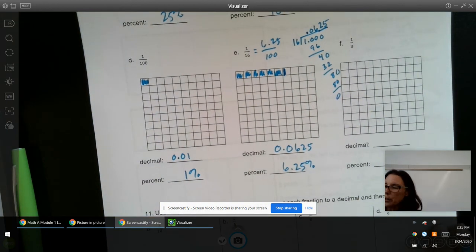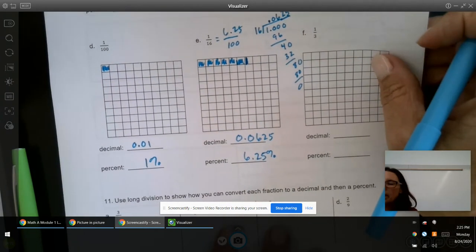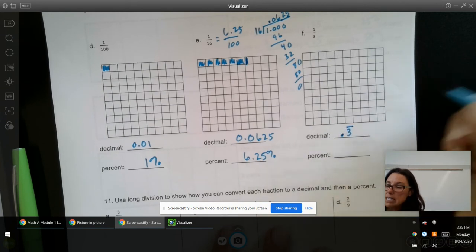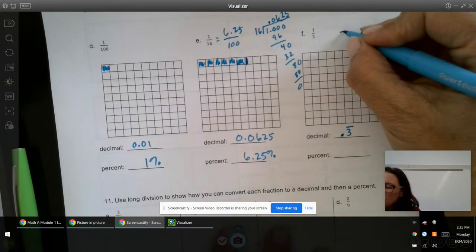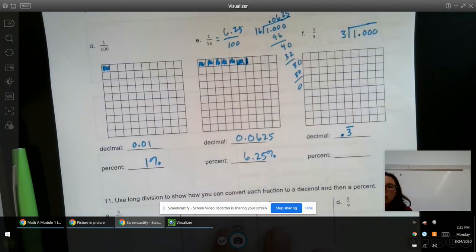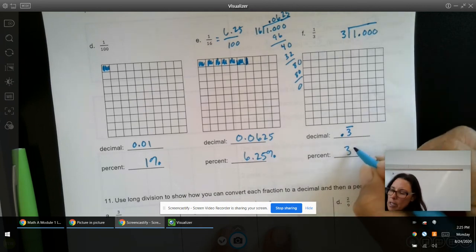Okay, 1/3. I know that 1/3 is 0.3 repeating. If I didn't know that, I would do this. So this would be 33.3 repeating percent.